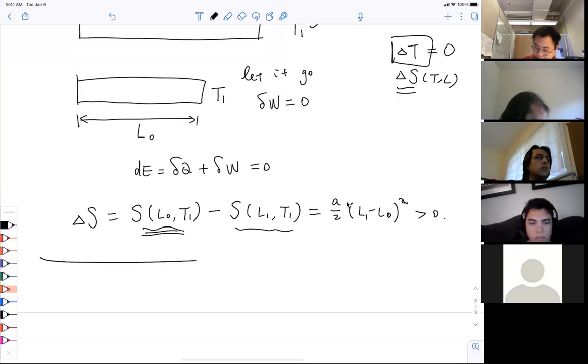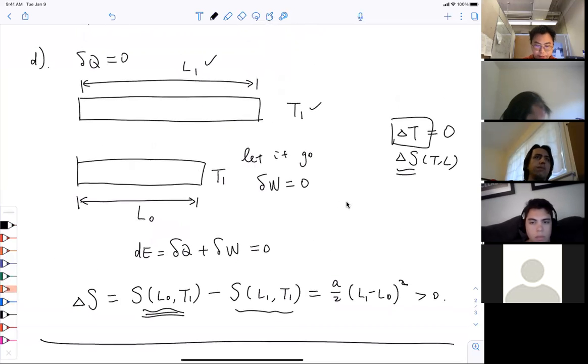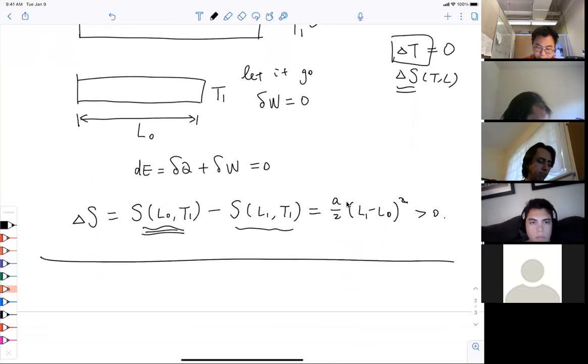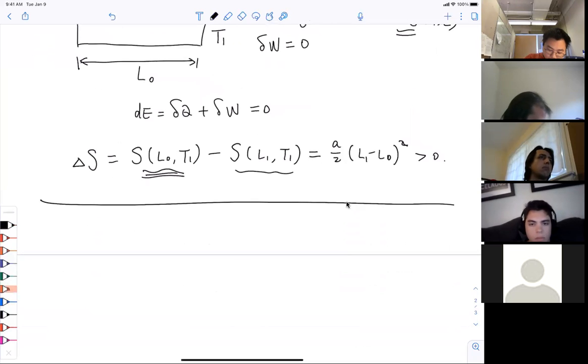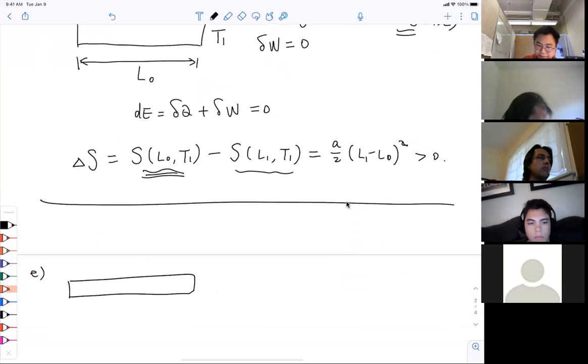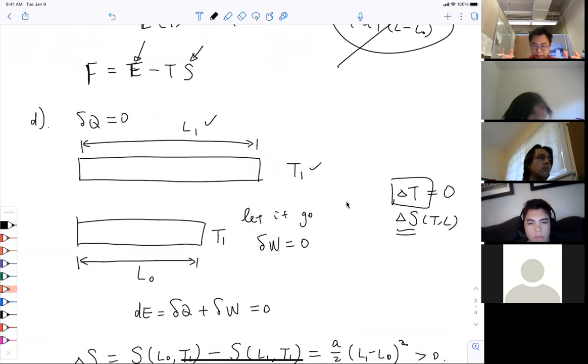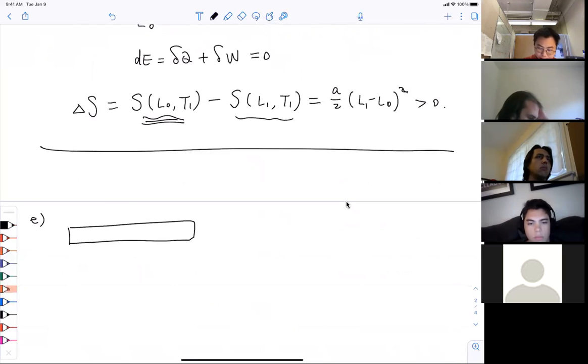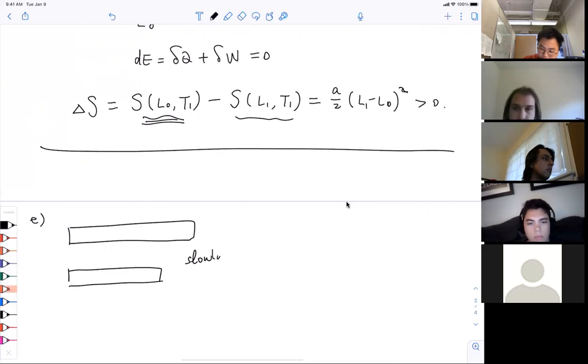I hope it makes sense. Okay, so part E is very similar. The only difference is that instead of just releasing it and letting it go, here we hold this rubber band and make it shrink very slowly, which basically means it's quasi-static.